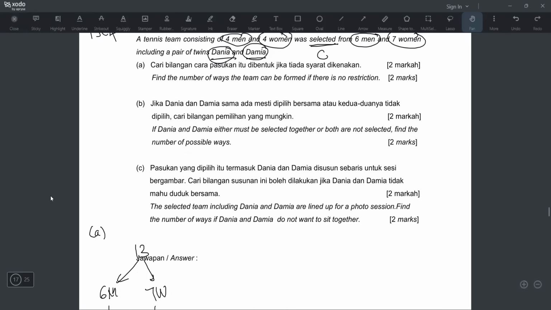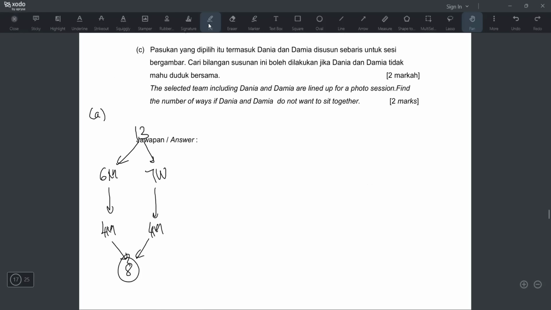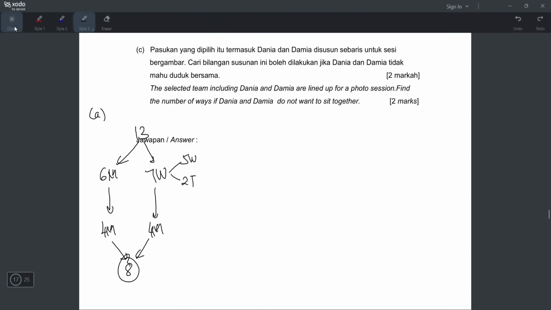Okay. Alright. And the twins, they are both here. So the 7 women actually consists of 5 women, and then the remaining 2 is like the twins lah. So I'll just write T here so you understand it's Dania and Damia. Okay, this one is W.